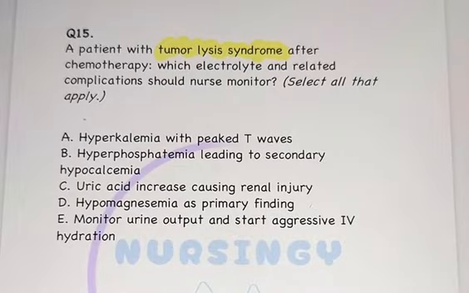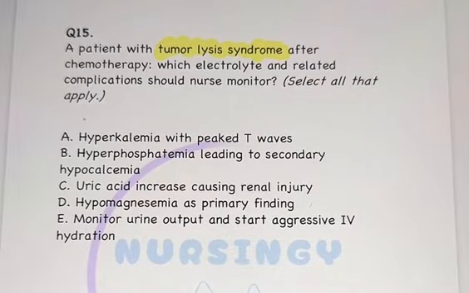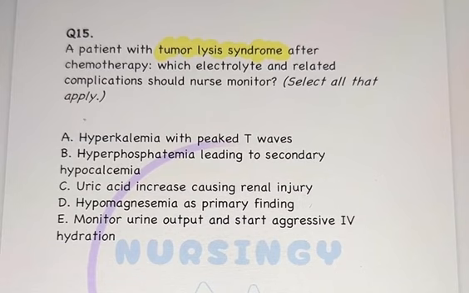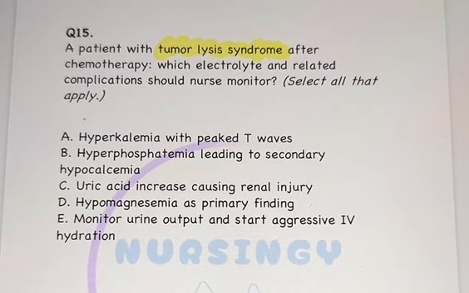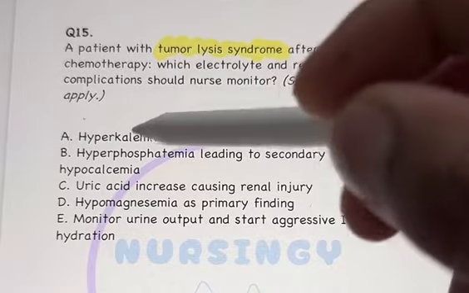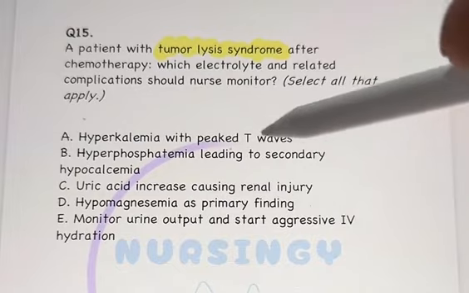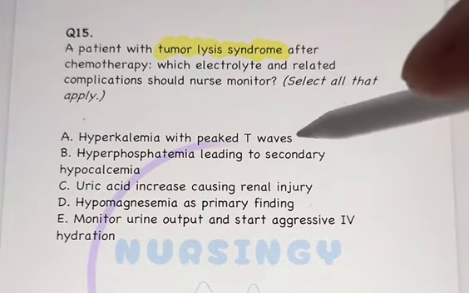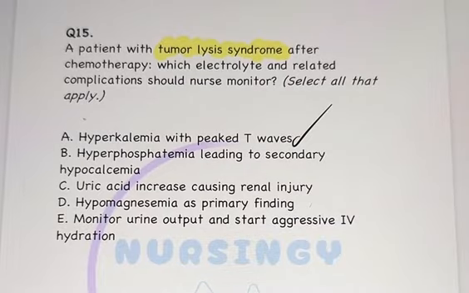So those components will be released into the blood. Hyperkalemia with peaked T waves is correct. Yes, because cell lysis will release the potassium from the intracellular space into the blood, so that will cause hyperkalemia, and peaked T wave is the key sign of hyperkalemia, so that's correct.